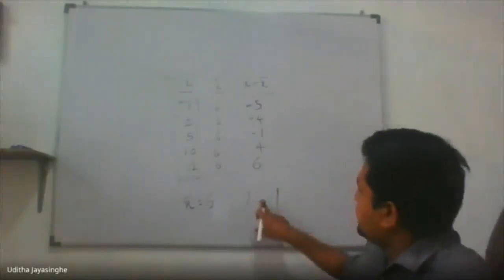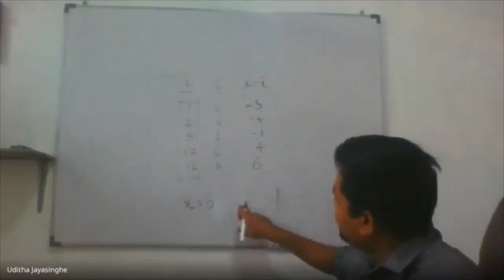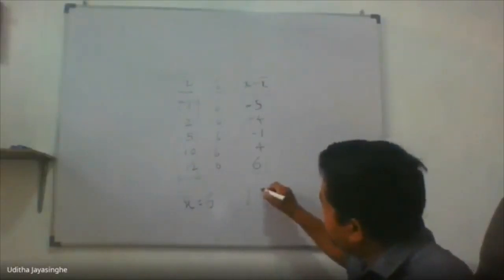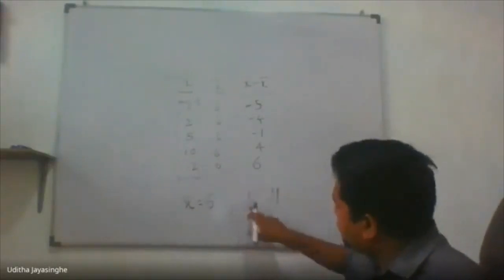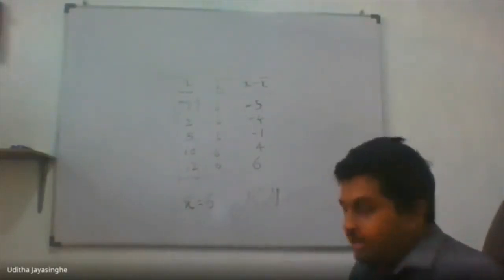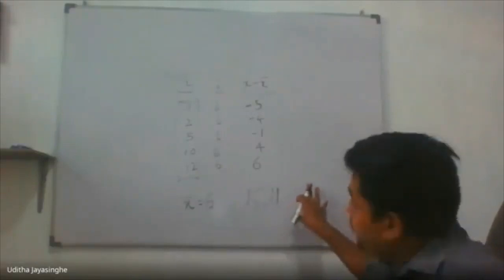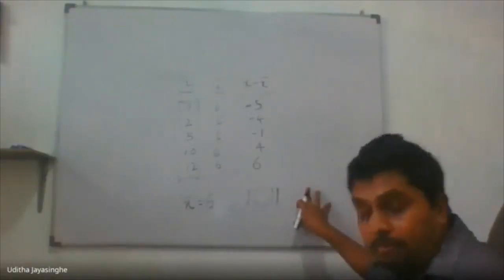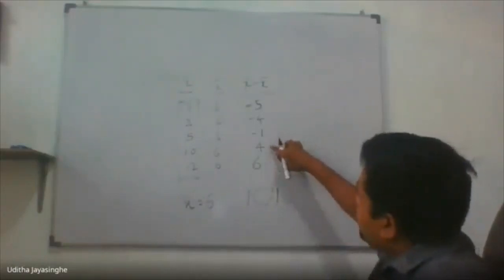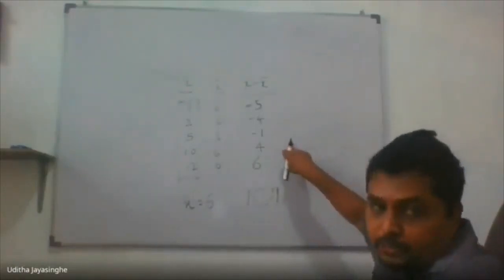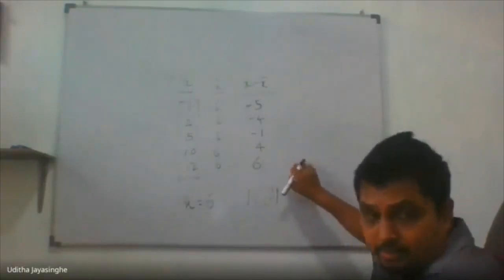So the moment you put these signs of two straight lines here, what is meant by this is you have to take the number only, without the sign of it. Let's say for this 4, it will be taken as 4. 6 will be taken as 6.